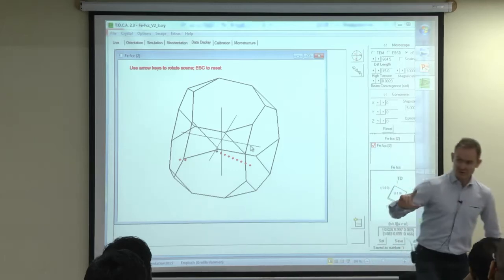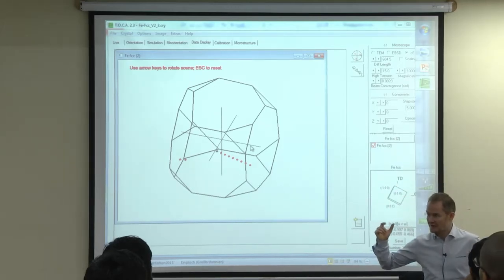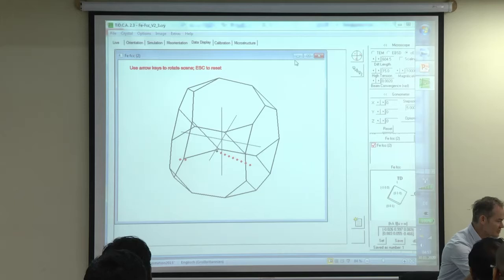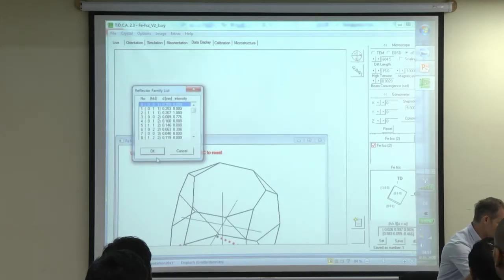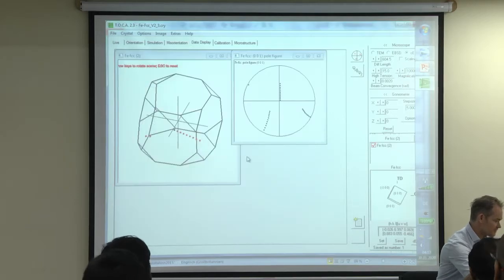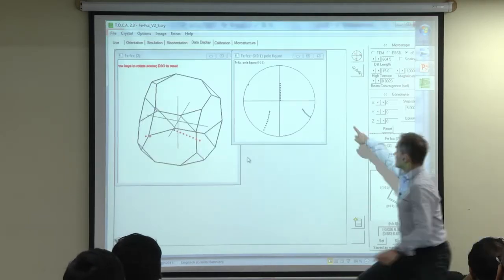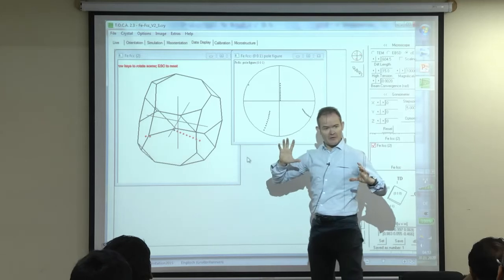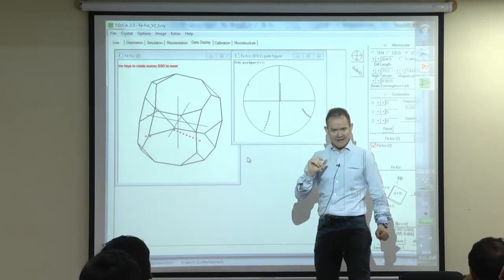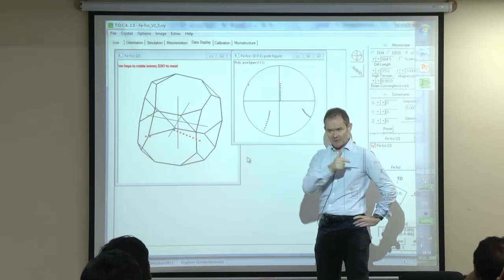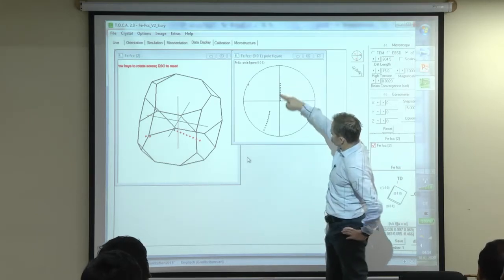Now you have learned about the stereographic projection already. So let me show you also the stereographic projection of this exercise. What I plot here is just the stereographic projection showing just the 0, 0, 1 plane poles of all the crystals. And you see that was my fiber.